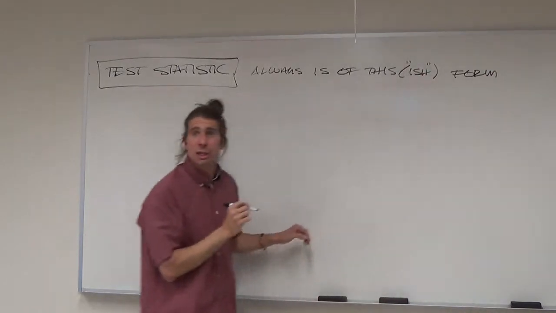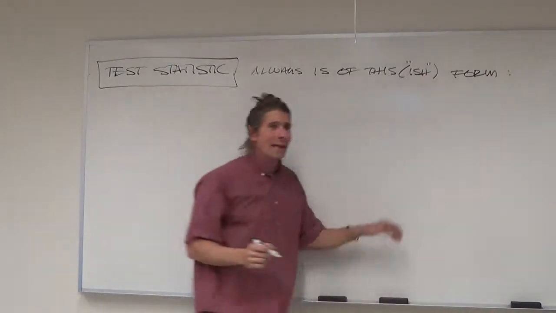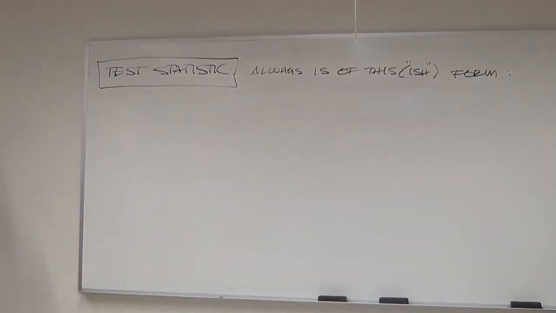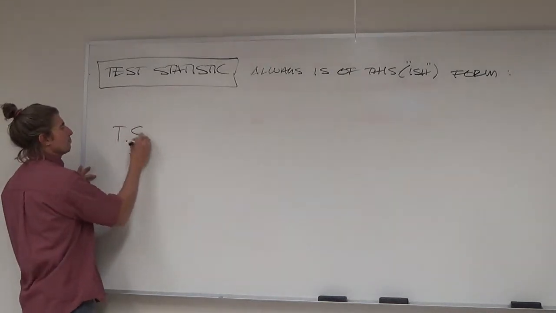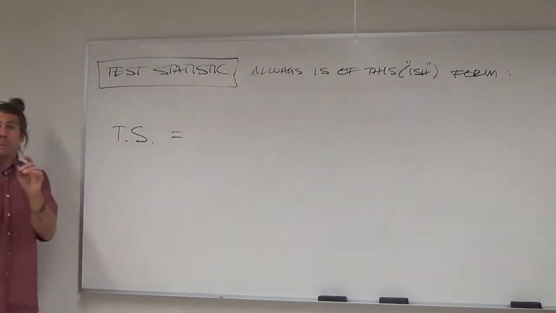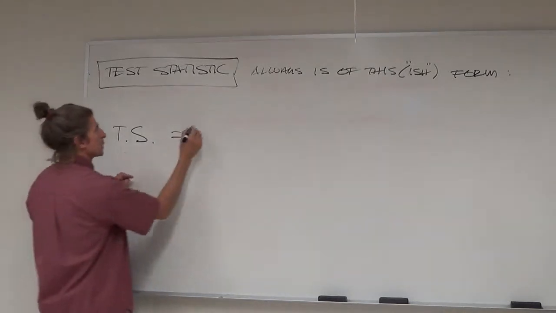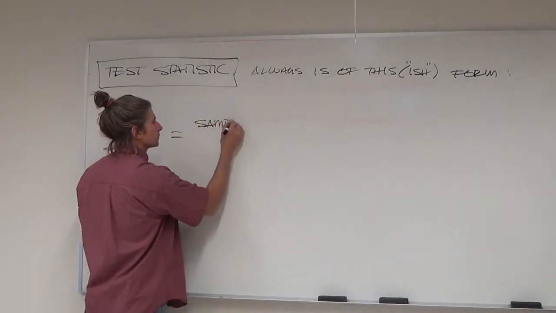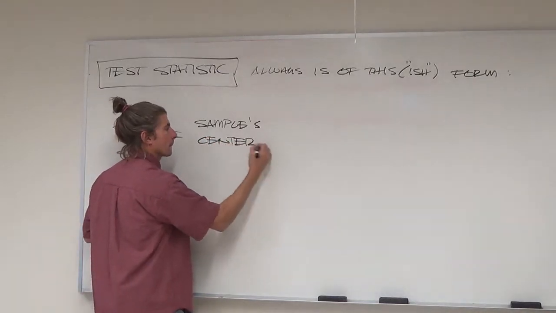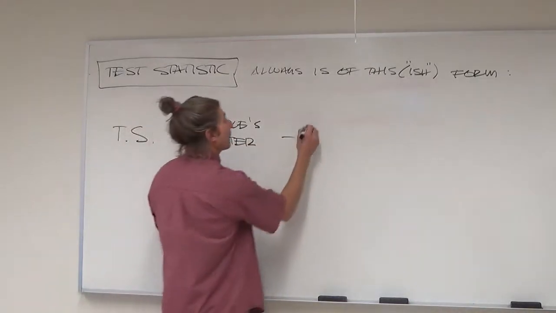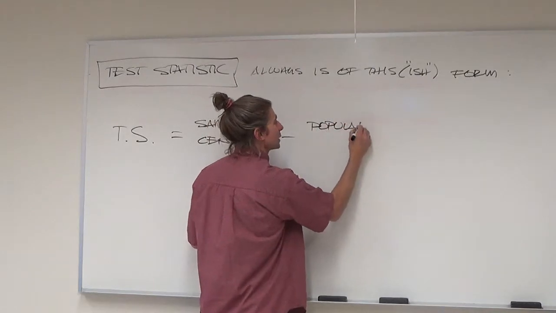And I say ish because it has to change a little bit depending on what we're testing, but it basically does this comparison. Your test statistic is going to be equal to your sample's center minus your population's assumed center.